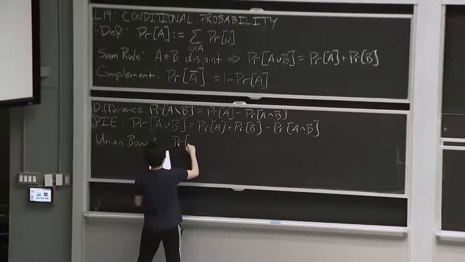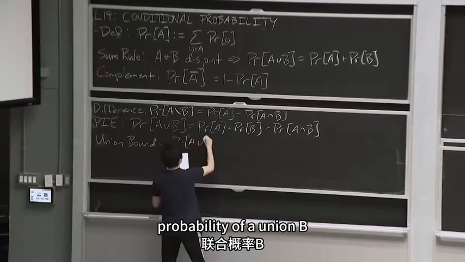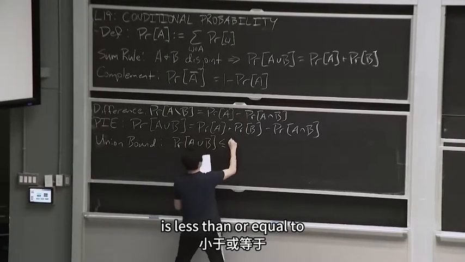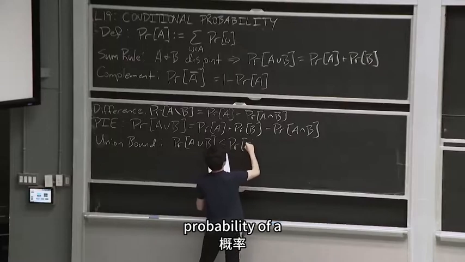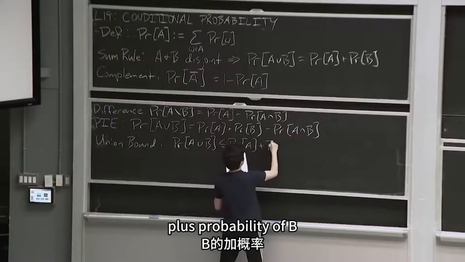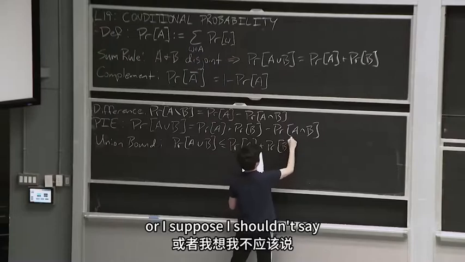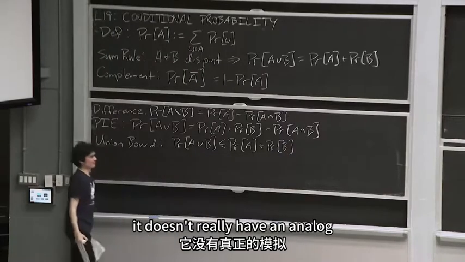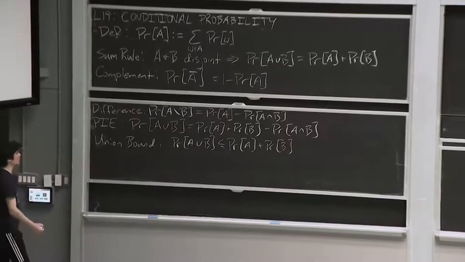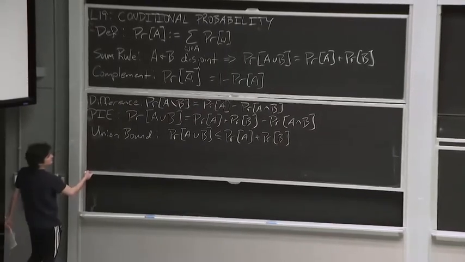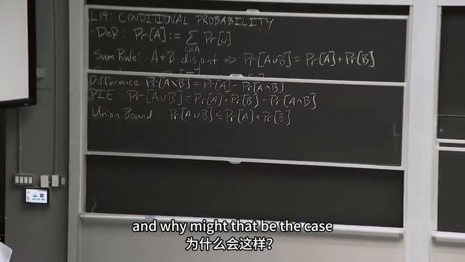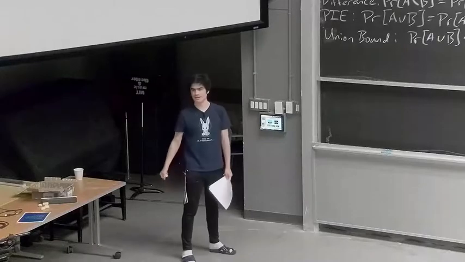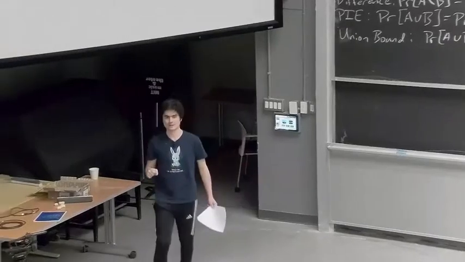So probability of A union B is less than or equal to probability of A plus probability of B. Or I suppose I shouldn't say it doesn't really have an analog, but we didn't really look at the analog. Okay? And why might that be the case?